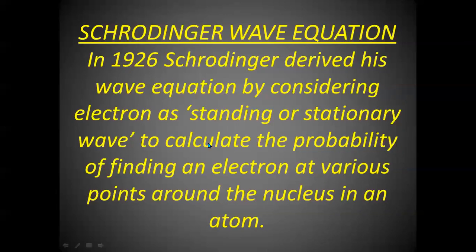Only we can talk about the probability. So Schrodinger is trying to give us an equation, and if we solve that equation, we get the probability of finding an electron around the nucleus in an atom.